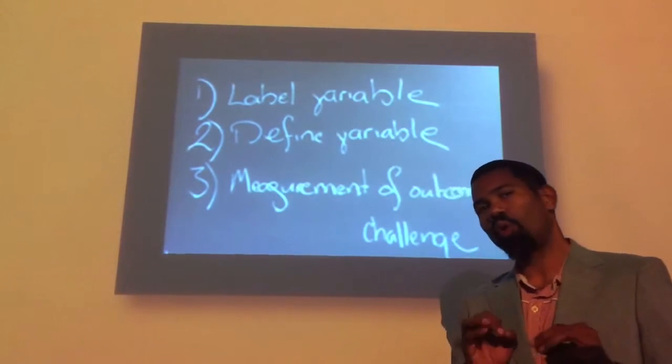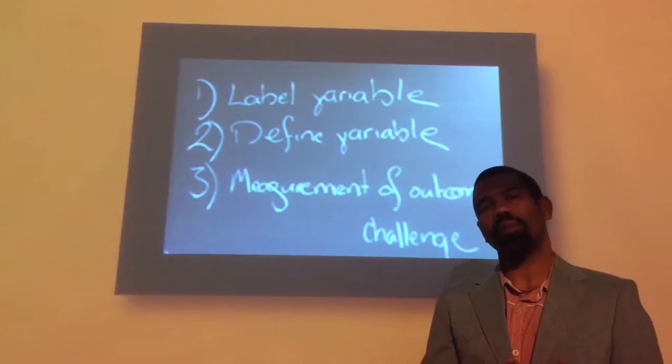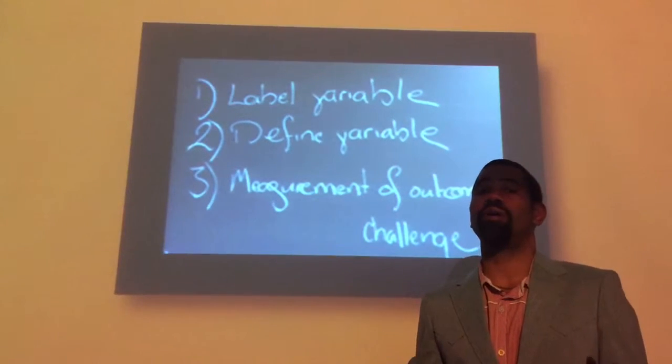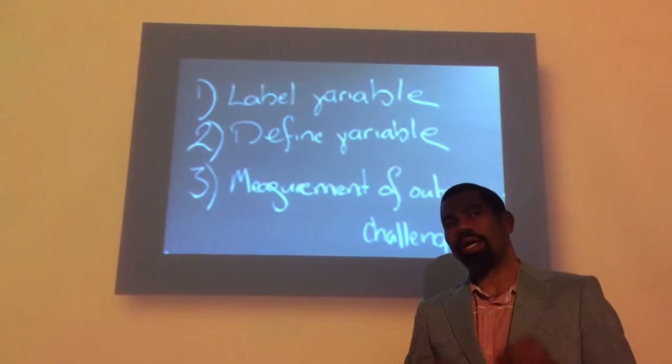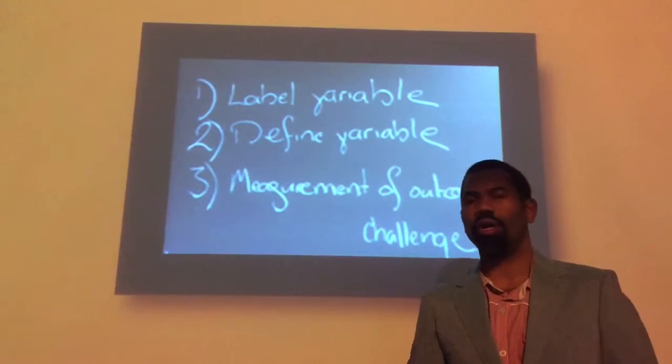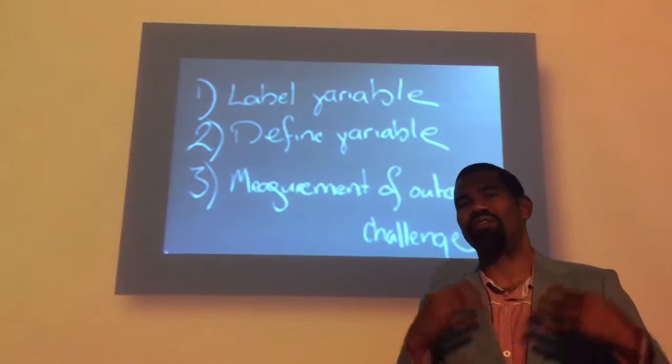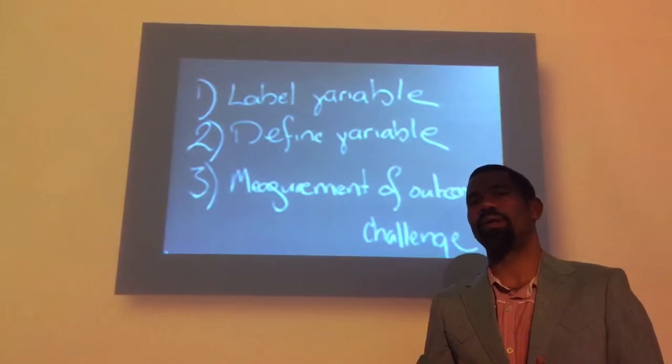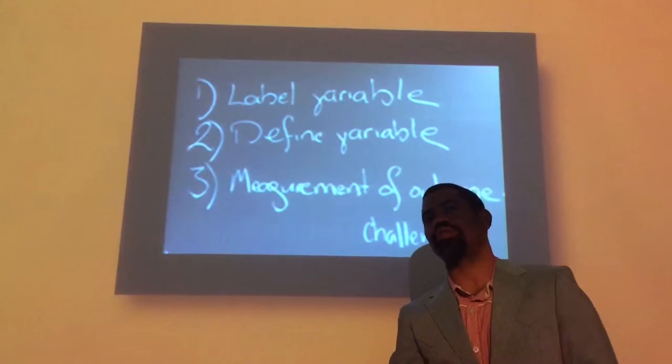Now, labeling your qualitative variables may be a little bit more challenging, but it's also going to be fun. What you want to do when you're labeling that qualitative variable is make sure you're giving your audience an idea, a visual of the concept that you want to bring to life through measurement.